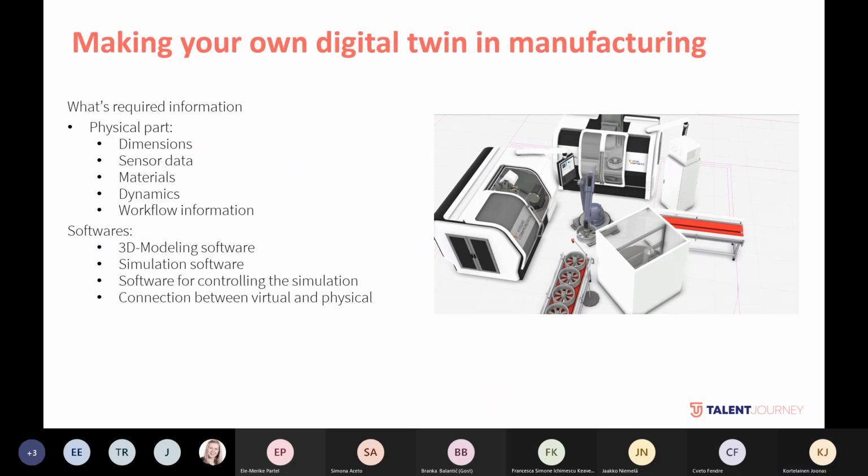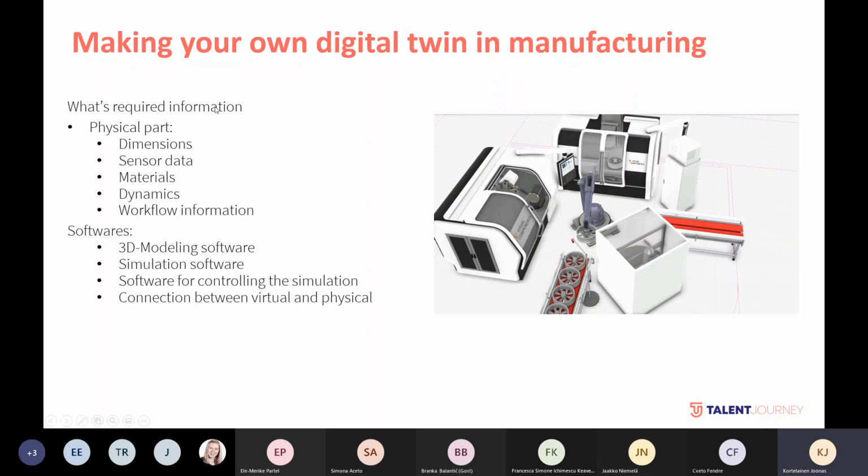So if you think about making your own digital twin or digital shadow or digital model out of, for example, a robot cell, you will need a bunch of different softwares to create the environments. And you will need, obviously, the information too.